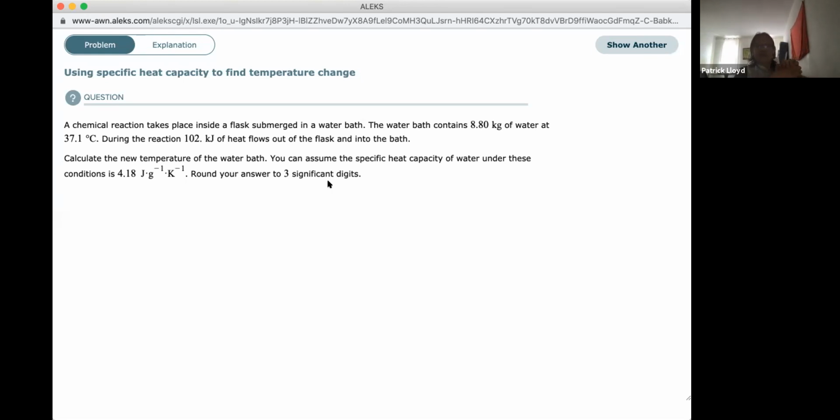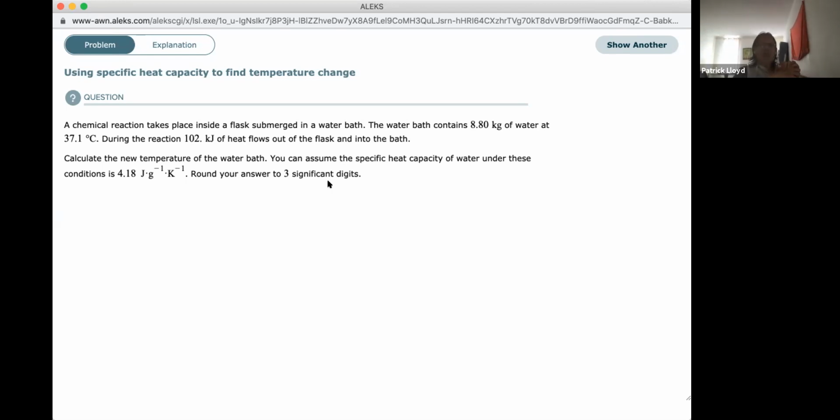The water bath contains 8.80 kilograms of water at 37.1 degrees Celsius. During the reaction, 102 kilojoules of heat flows out of the flask and into the bath. Calculate the new temperature of the water bath. You can assume the specific heat capacity of the water under these conditions is 4.18 joules times grams to the -1 times Kelvin to the -1. Round your answer to 3 significant digits.